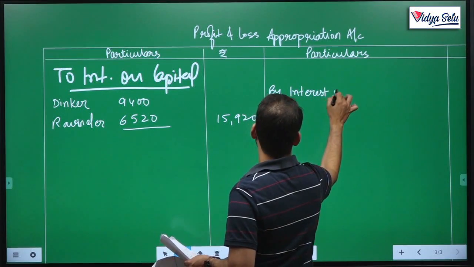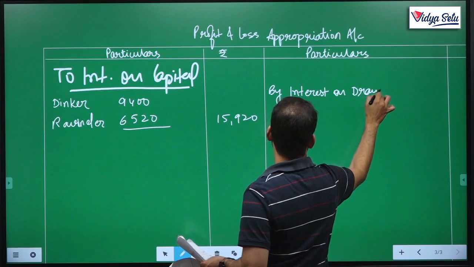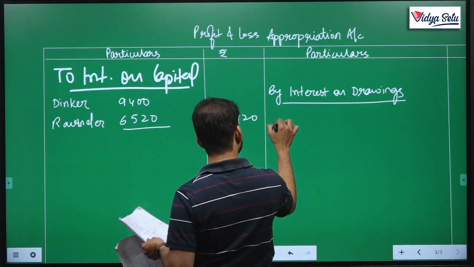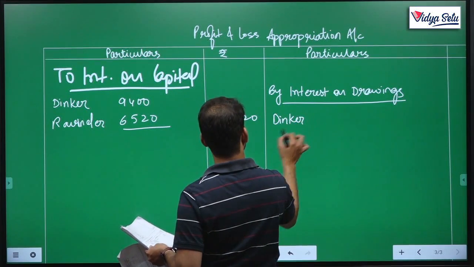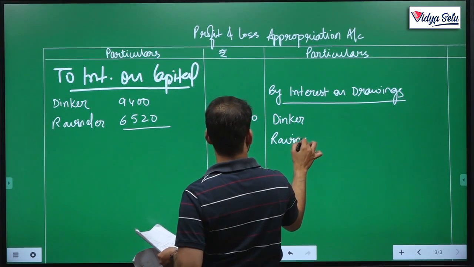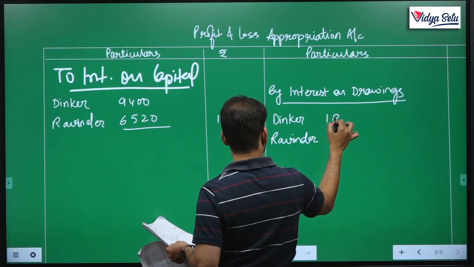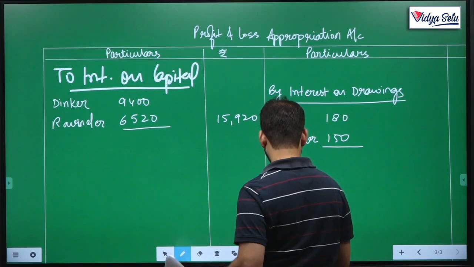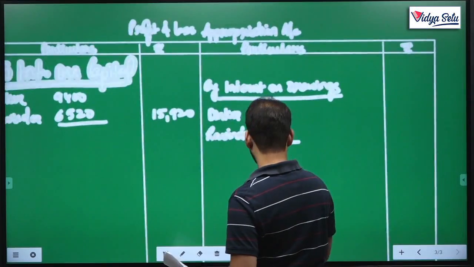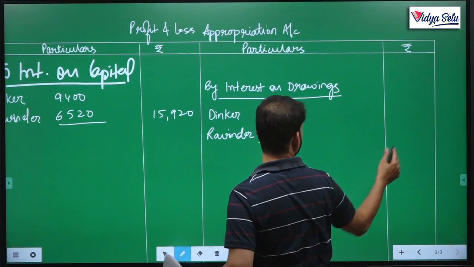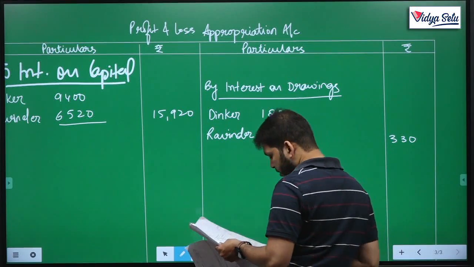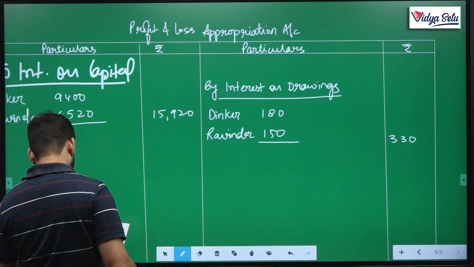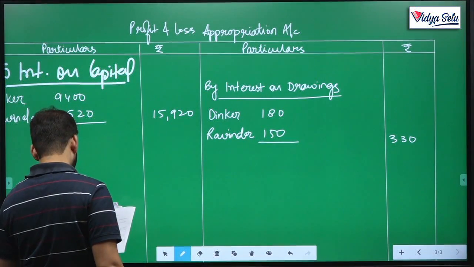Here we will leave a line for net profit, and 150. So the amount comes to 330. Done this adjustment as well.